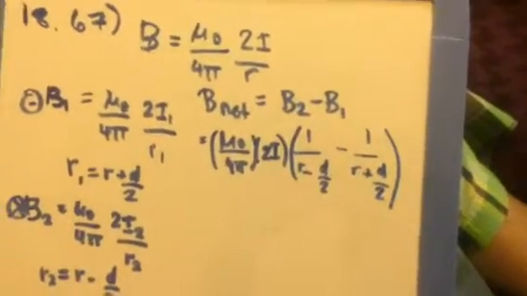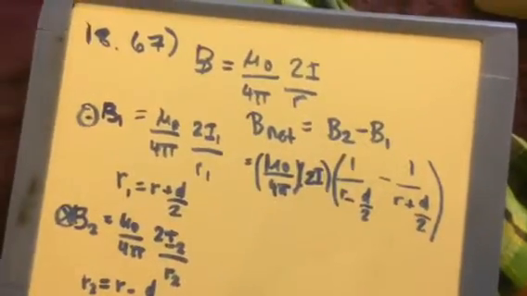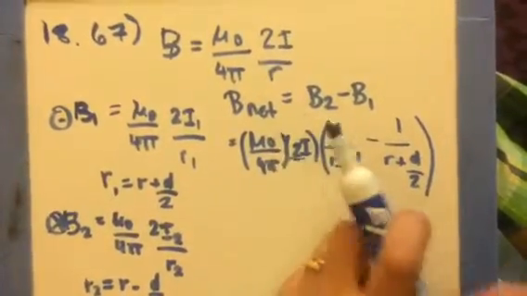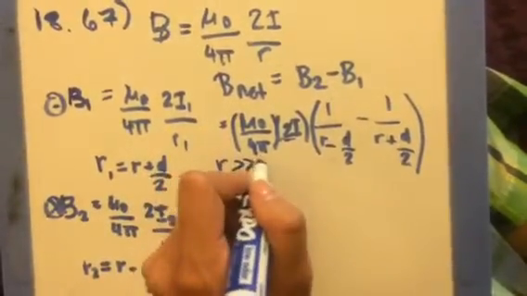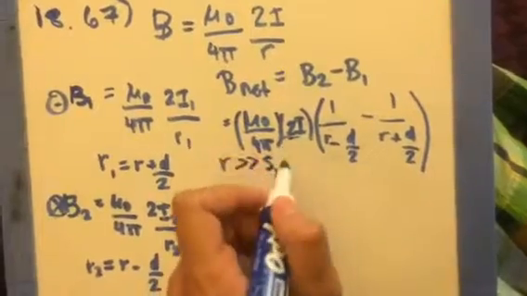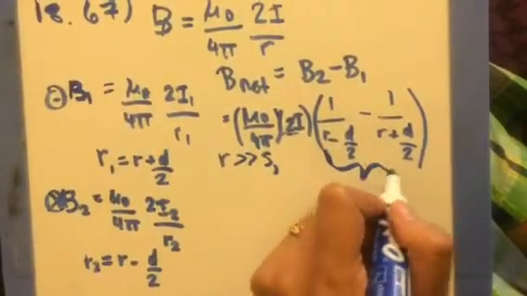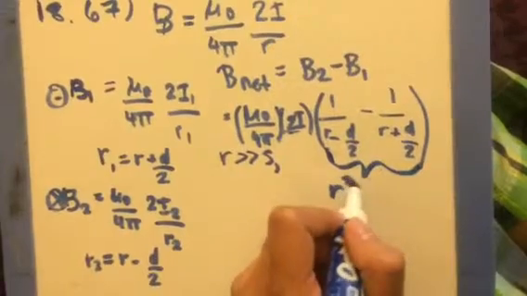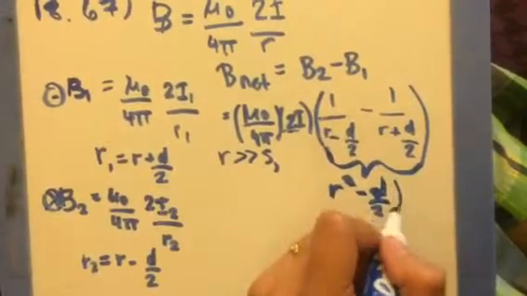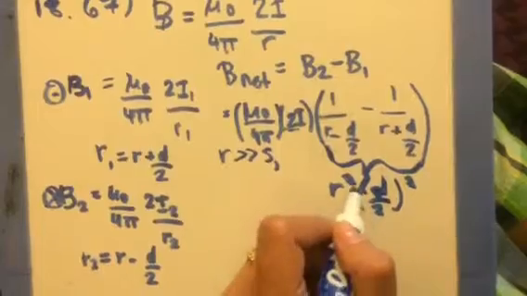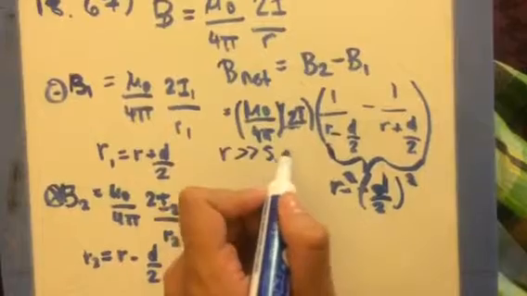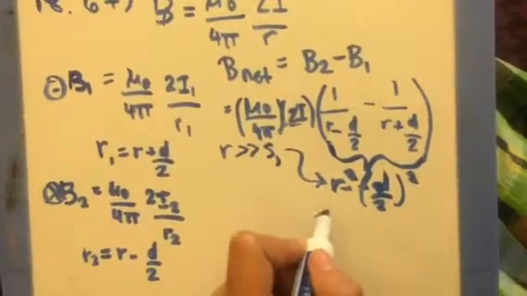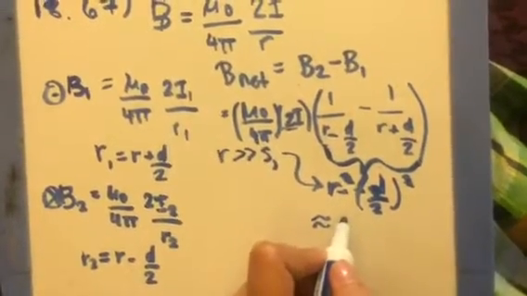We know that's B net, because I1 is equal to I2, so we can just say 2I instead of writing I1 plus I2. And also we know that R is much greater than D, so this, which when simplified is equal to R squared minus D over 2 squared, is approximately equal to R squared.